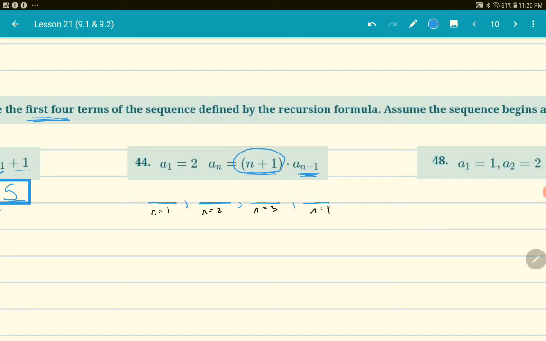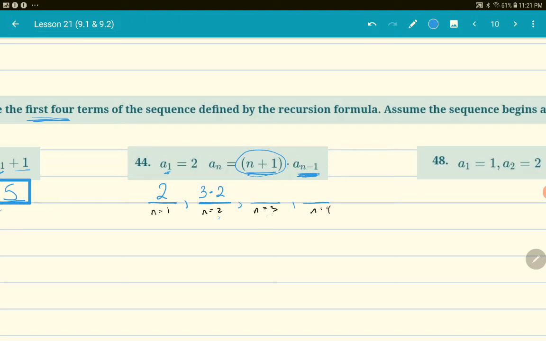I know a sub 1 is 2 because that's where I start. For my next one, I take a sub n minus 1, which is 2, and multiply it by n plus 1. Remember, n is 2, so n plus 1 is 3. That gives 6.